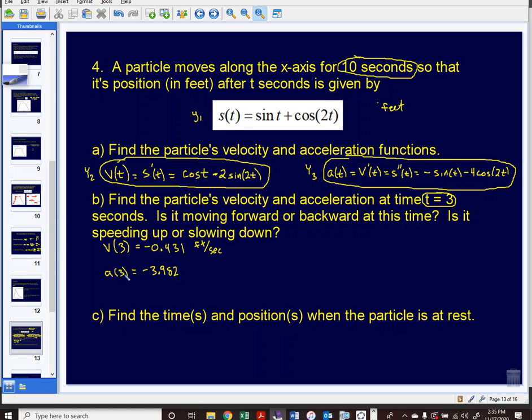And the acceleration is the rate at which the feet per second is changing, so it technically is feet per second per second, but that can be abbreviated feet per second squared. Okay, so that's the way we're normally going to write the unit for acceleration.